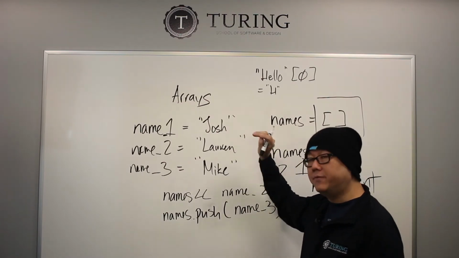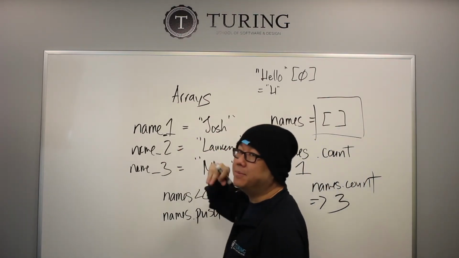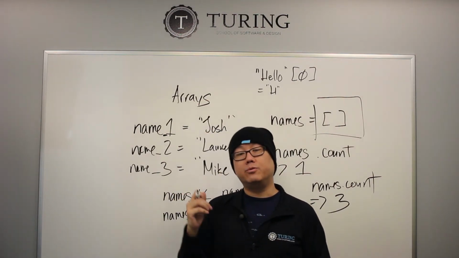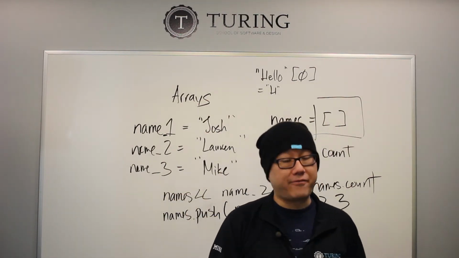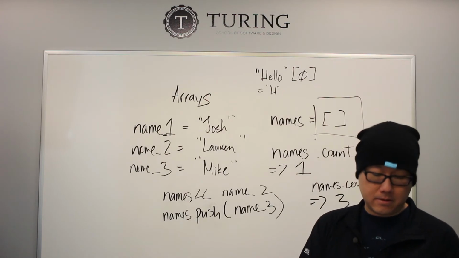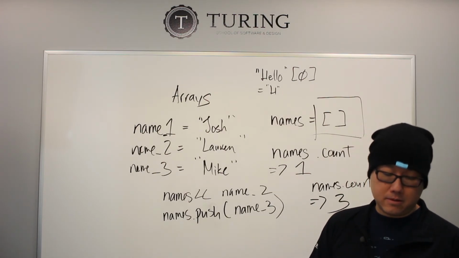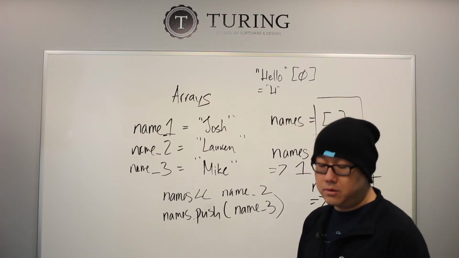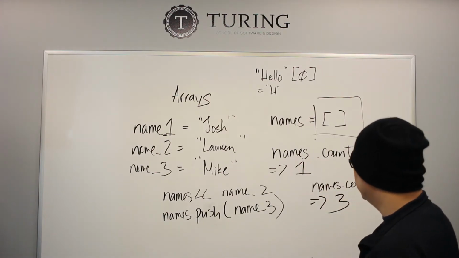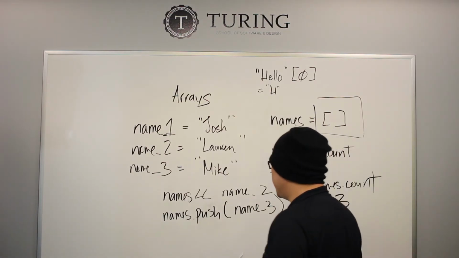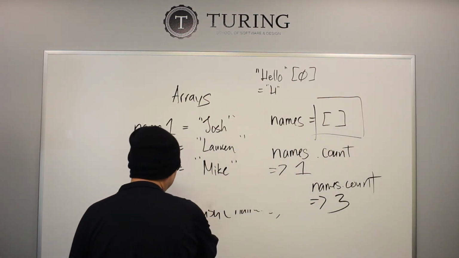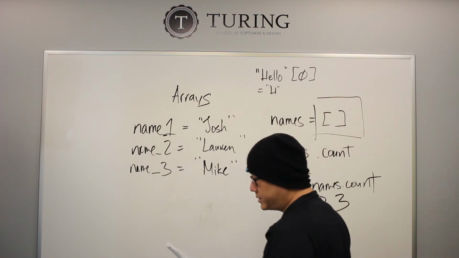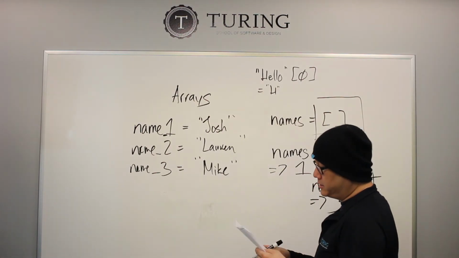Remember, it's not Josh, because even though we did push in Josh at the beginning of this lesson, we replaced it directly with Jeff. And so, we now see that if we were just to type in names and enter, we would get all 3 names. And they're all strings.